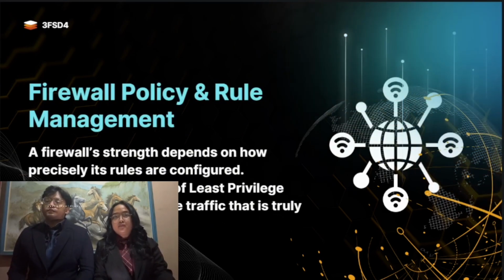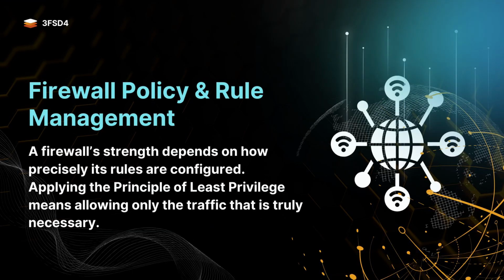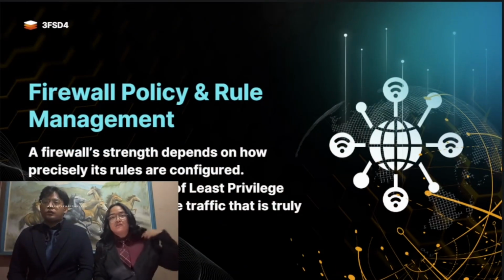Next is firewall policy and rule management. A firewall's strength depends on how precisely its rules are configured. Applying the principle of least privilege means allowing only the traffic that is truly necessary. So default deny is the implementation of the principle of least privilege.